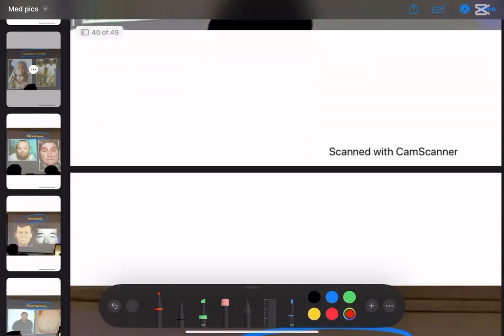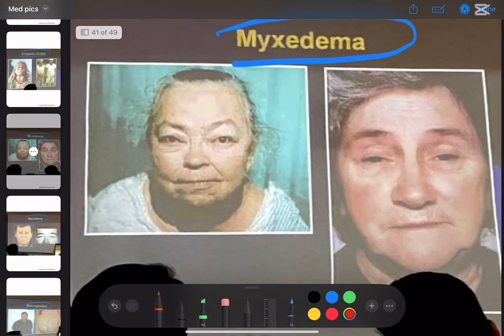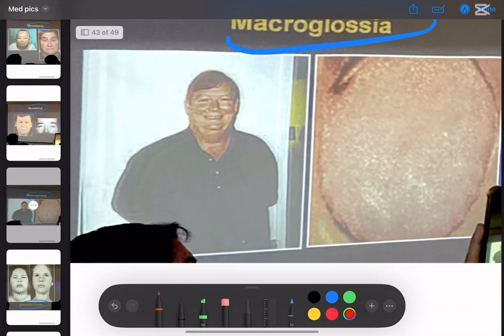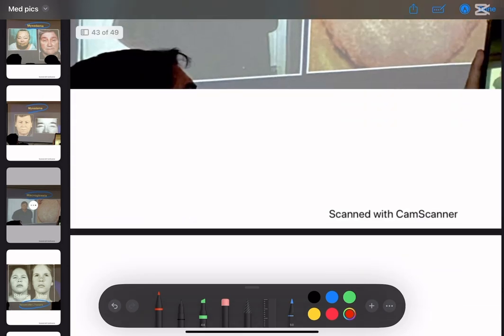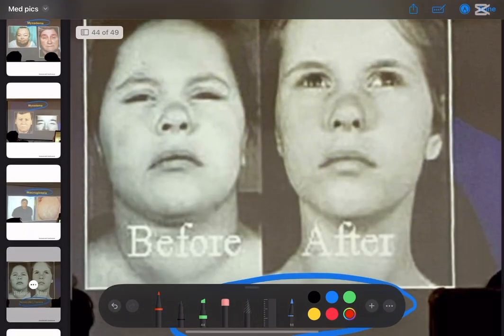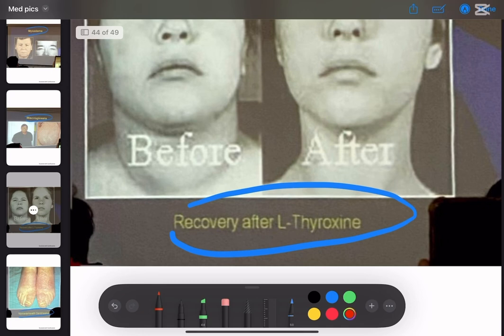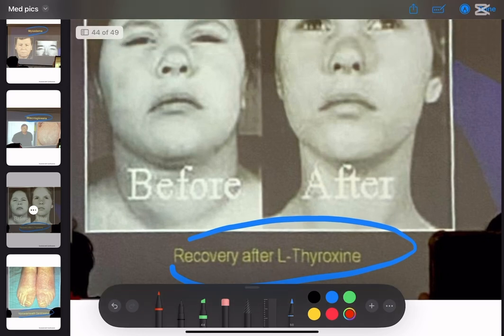This is eczema, and this is microglossia. The pictures are not so clear. Okay, so this is hypothyroidism, and this is the before and after picture.